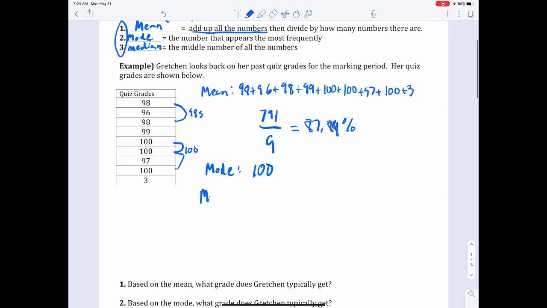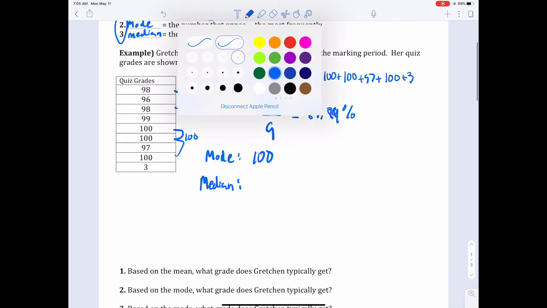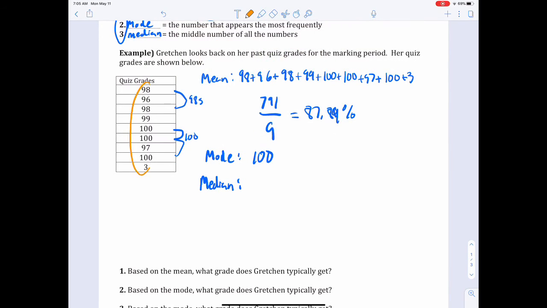And finally, the median. It's the middle number of all the numbers. So there's actually a way to do this. We first have to put all of these numbers in order, from smallest to largest. 3. The next smallest is a 96. And then there's a 97. And then there are 2 98s.